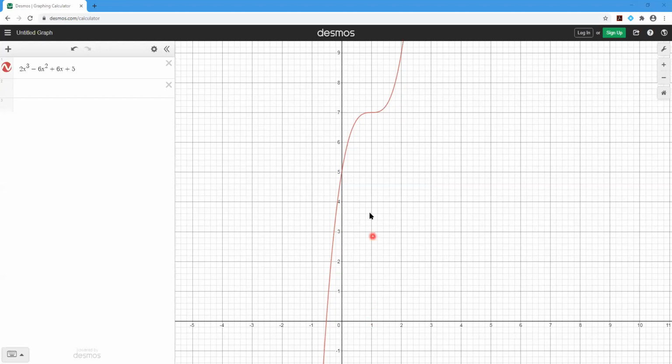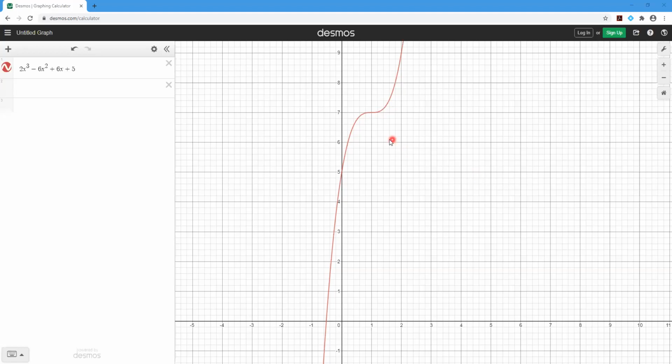You can see that if you draw a tangent at that particular point, the tangent will be horizontal. But it is neither a local maximum nor a local minimum. You can see that it is concave up, and then here it becomes concave down. The concavity changed. So that is why at the point 1, we didn't get a local maximum or local minimum. That particular point is known as a point of inflection.